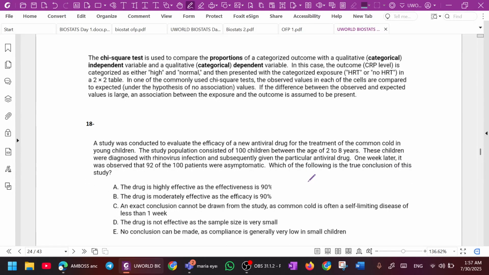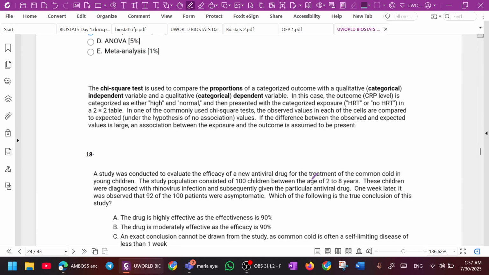You can read the explanation. Yes. Now you got it. So chi-square is used to compare the proportions of a categorized outcome with a qualitative, categorical, independent variable and a qualitative, categorical, dependent variable. In this case, the outcome of the CRP level is categorized as either high or normal, and then presented with the categorized exposure, HRT and no HRT, in a 2 by 2 table.